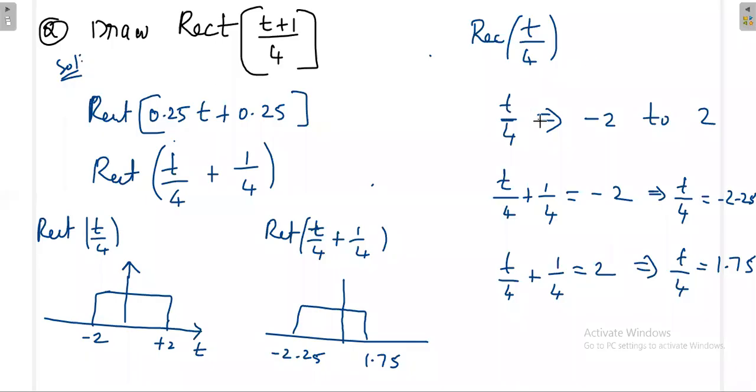So the original signal is rectangular t by 4, where the time varies from minus 2 to plus 2, because this width has to be equal to this value.